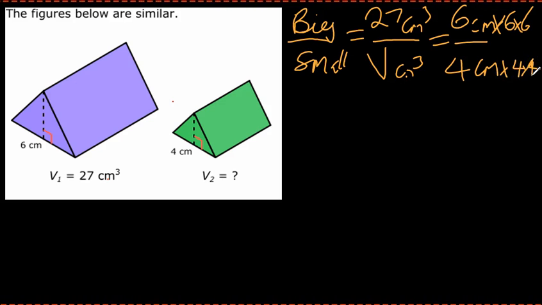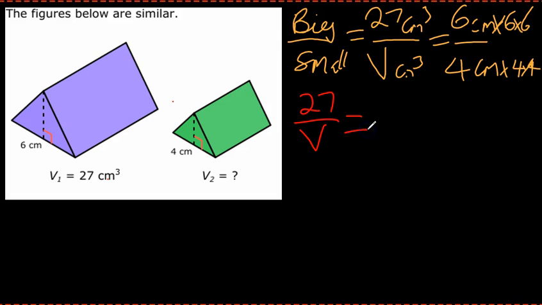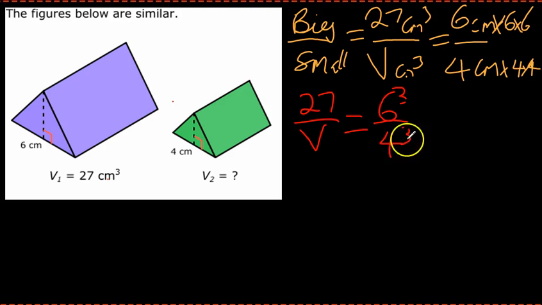It's getting messy. So this is the same thing as just writing 27 over V equals 6 cubed over 4 cubed. That's what will make them three-dimensional.